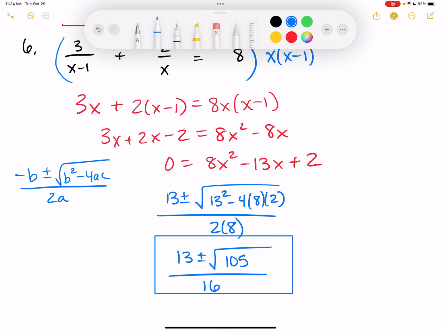So if you want to check them, that's fine, but I'm telling you that they're both going to work, and it's going to end up with really weird math if you choose to check them. So if it's something like this where there's something left under the radical that's not an easy number to work with, then you don't have to worry about checking those ones.